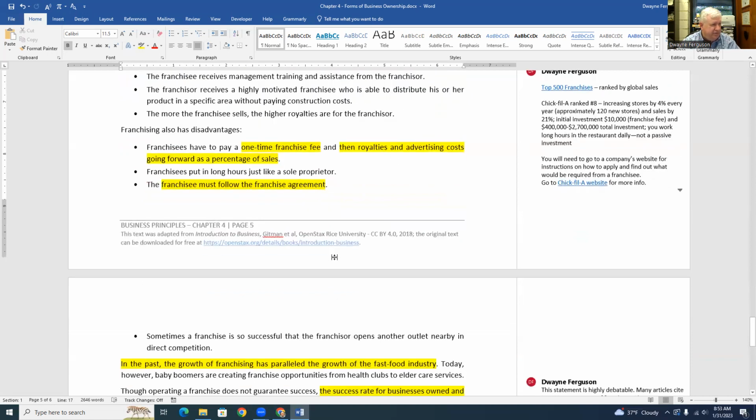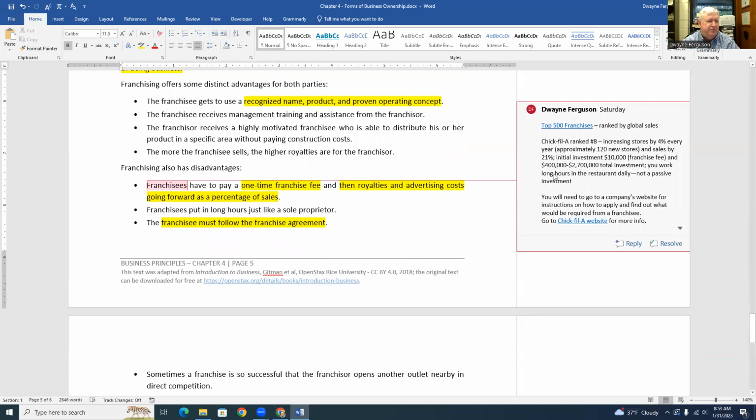Another big disadvantage is you put in long hours. You can read the information about Chick-fil-A, which is ranked number 8 on the top franchises, increasing stores by 4% every year, about 120 new stores every year in the U.S., with sales going up 21% every year.